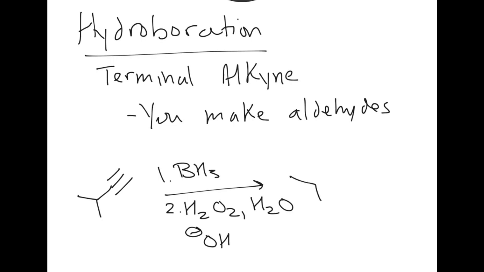So you're going to end up making an aldehyde, right? I'm only able to react with one of the pi bonds. So the other pi bond from the alkyne ends up being the carbon-carbon double bond.